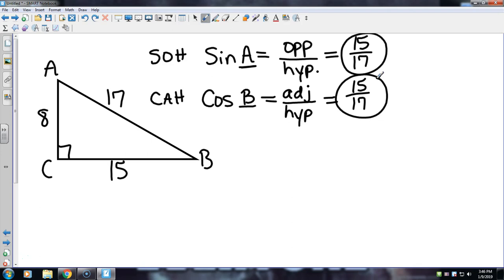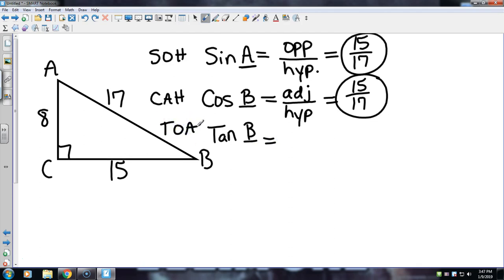And so now we're not going to find a tangent of a right angle, so we're going to use A or B. So let's go with B. So tangent is TOA.